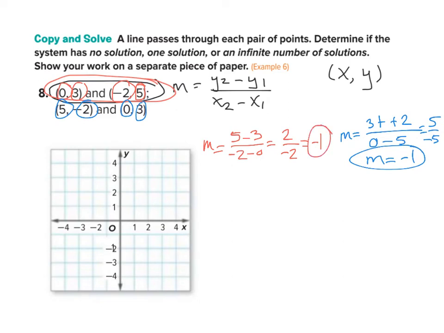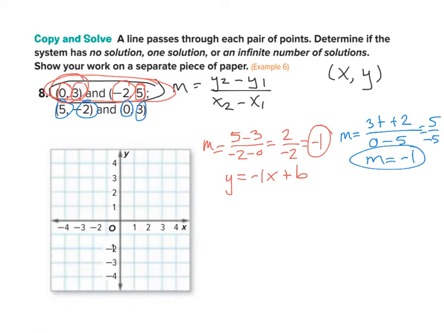Okay, so now I have to solve for my y-intercept. So for my first equation, I can take the points and substitute them in. So let's say y equals mx, which is negative 1x plus b. I can solve for b if I substitute in, let's say, 0 and 3 into my equation.